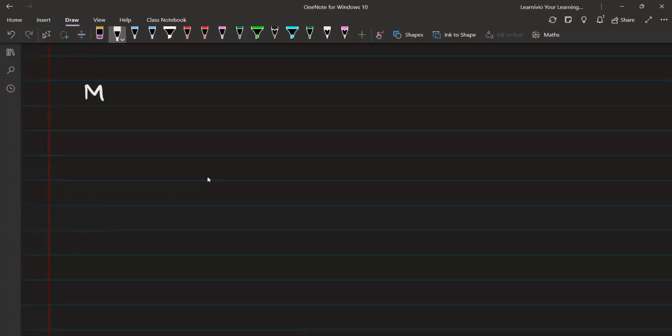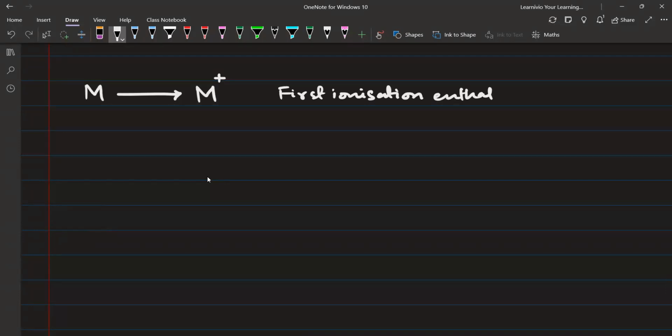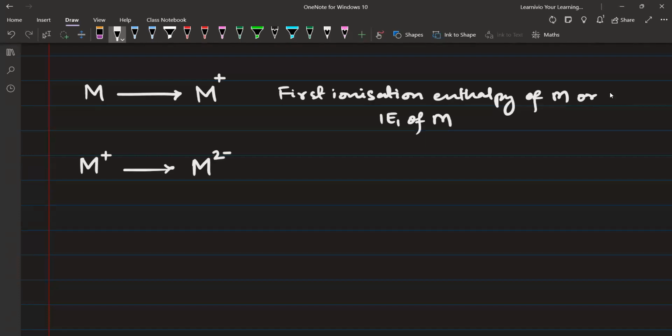Let us suppose we have some element M and you are going to remove an electron. So it will give you M positive. This is known as first ionization enthalpy, or in short, IE1 of M. But when you remove an electron from M positive, it will give you M2 positive.